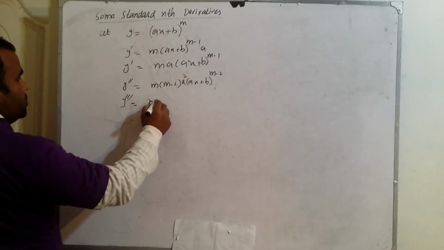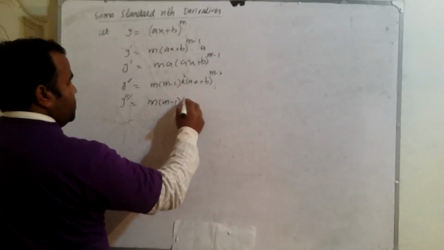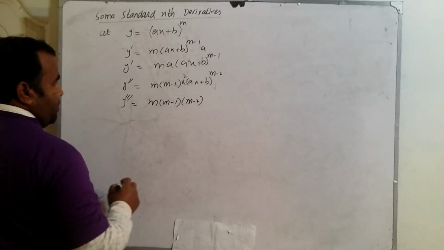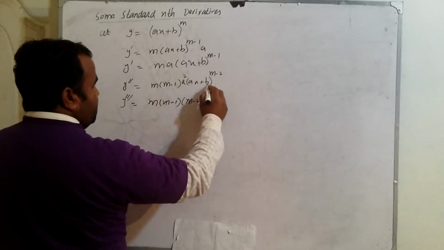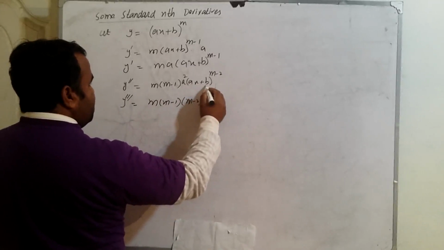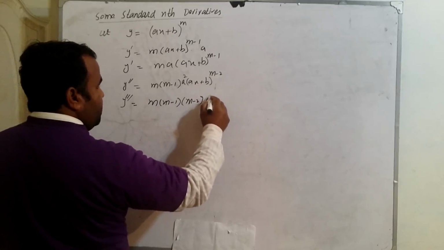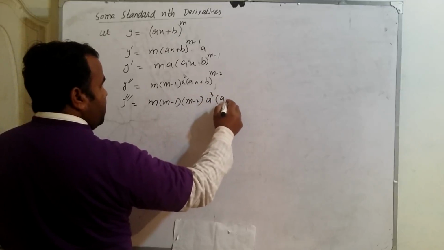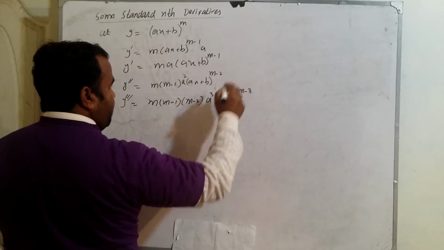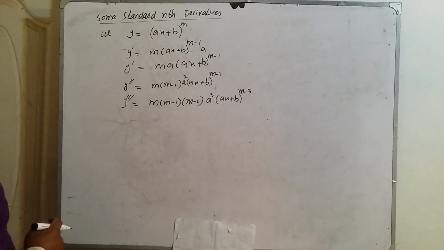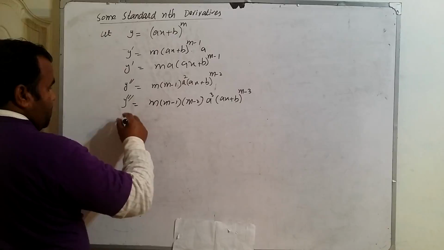It will be m into m minus 1 and m minus 2. Therefore it will be a cube, because the derivative of ax plus b is again a, so a multiplied by a is a cube, and it will be (ax plus b) raised to the power m minus 3. Okay, so now up to so on.